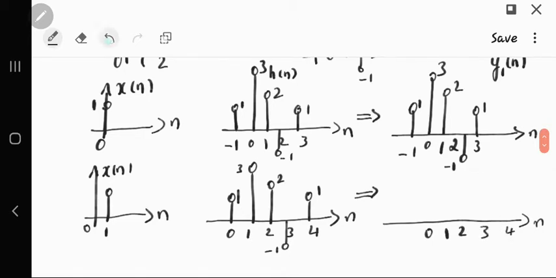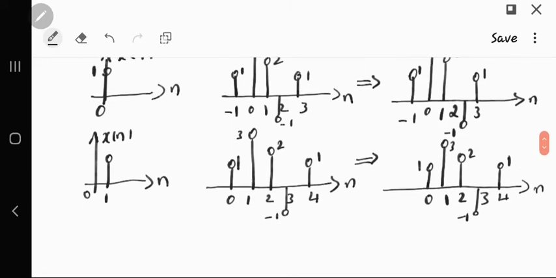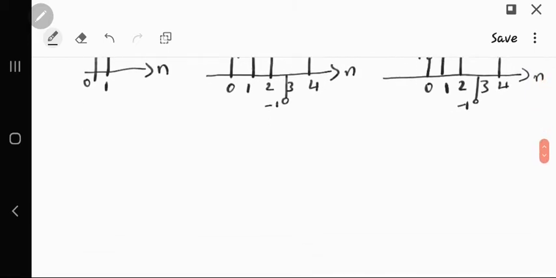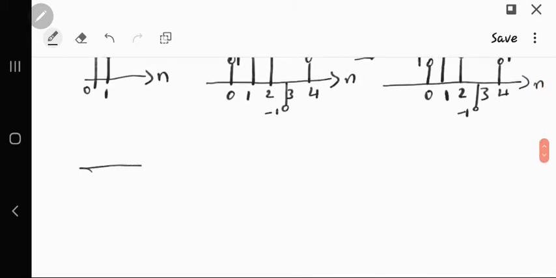So 1 into 1 is 1 here, and 1 into 3 is 3, 1 into 2, 2, -1, and at 4 we have +1. So this is the second signal.